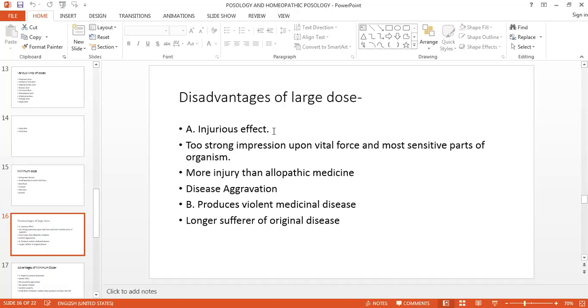Its qualities as well as the homeopathic similarity will produce an unnecessarily strong impression upon the vital force, and this may affect the sensitive parts of the organism, which are already affected by the natural disease.